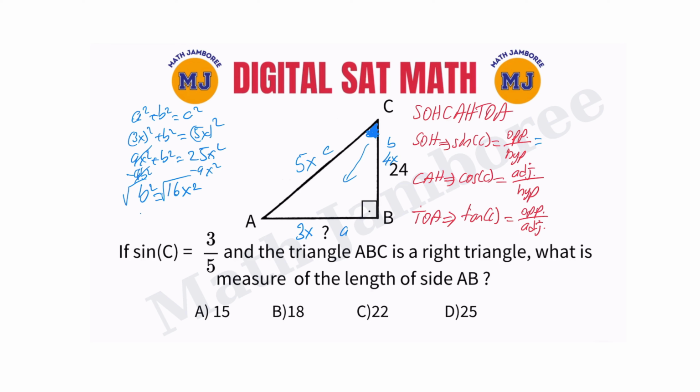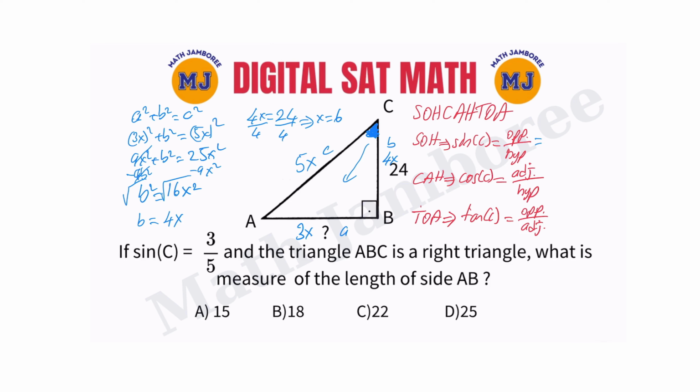And this is going to be, b will be equal to the absolute value of 4x, which is positive 4x in this case. This is where it comes from. So if 4x is equal to 24, and we divide both sides by 4 to get the value of x, then x will be equal to 6.